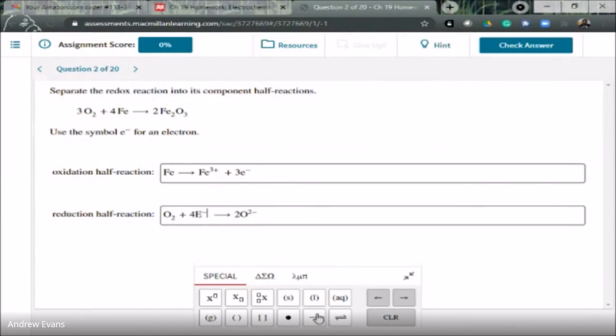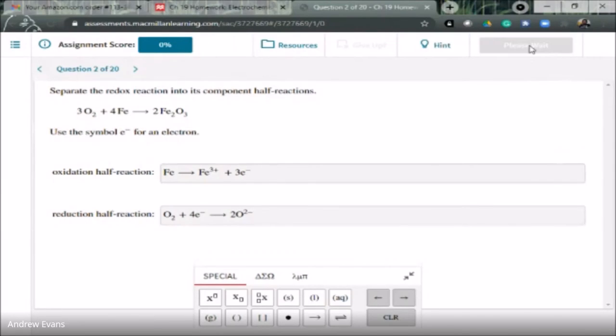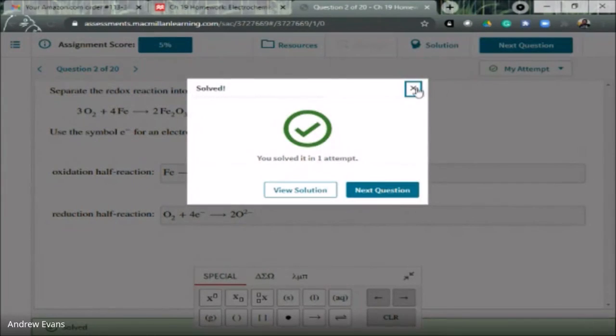So when you try this problem, we'll know what the issue is.